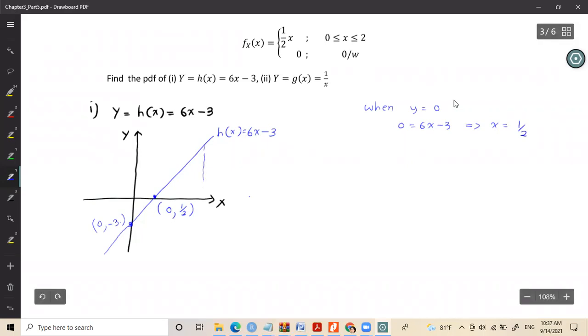So it will only be this function, right? This is the area. So what will be the y value when x is 2? When x is 2, what is the corresponding y value?